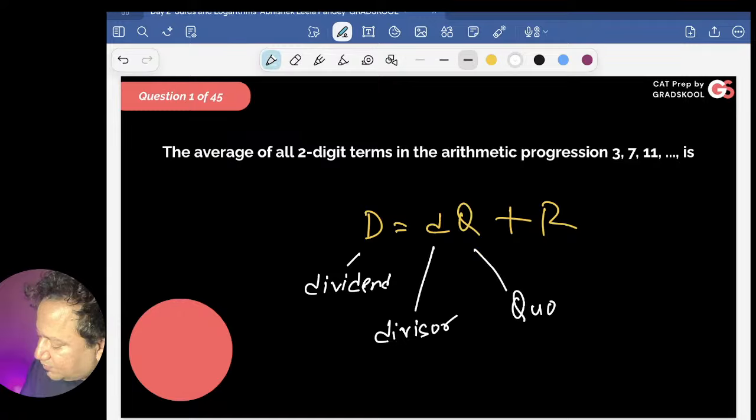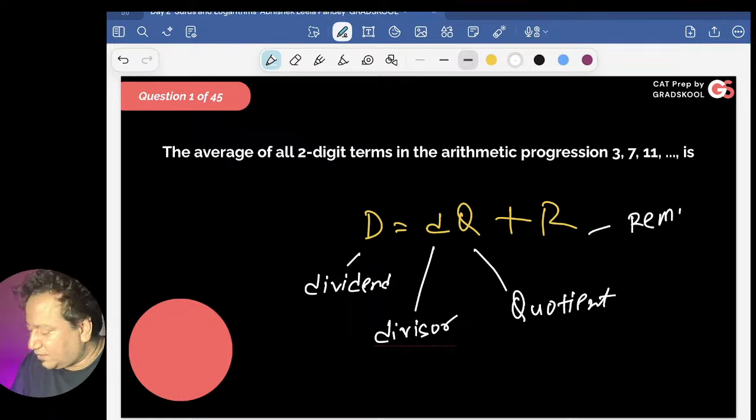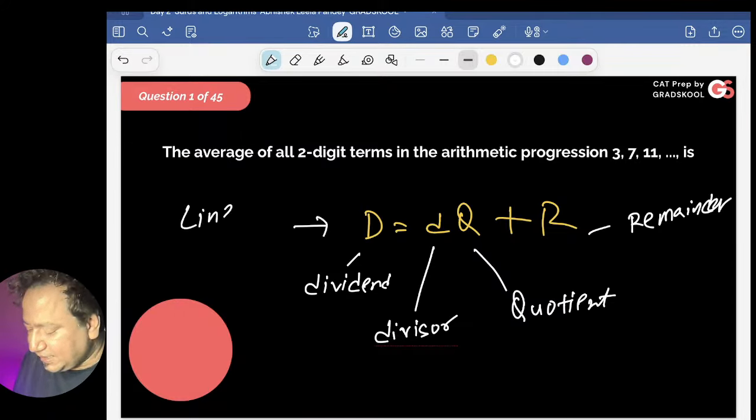Quotient is the number of times the whole of the divisor occurs in the dividend, and whatever is not occurring there remains, and we call it the remainder. All right, this is going to help us a lot. And essentially, if you look at this, it's nothing but a linear expression. Can I say that? It's a linear expression.